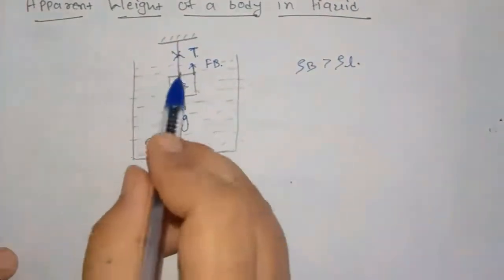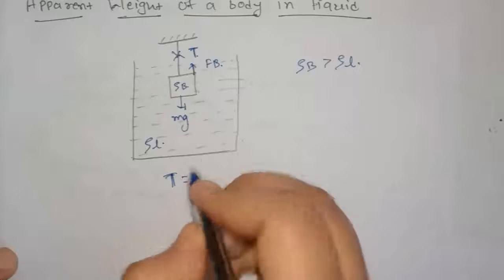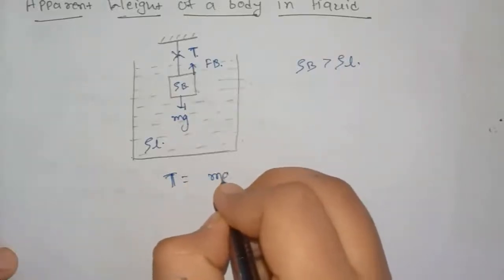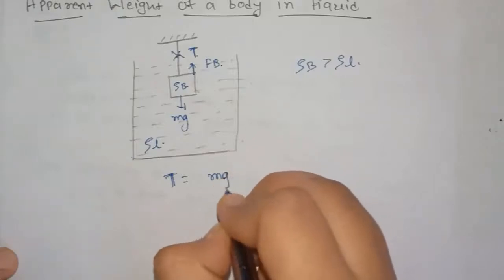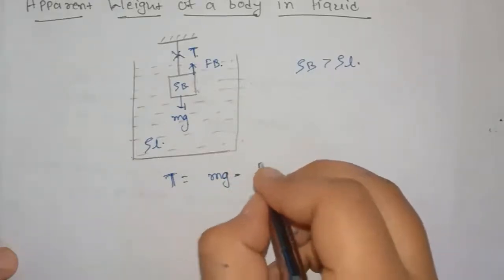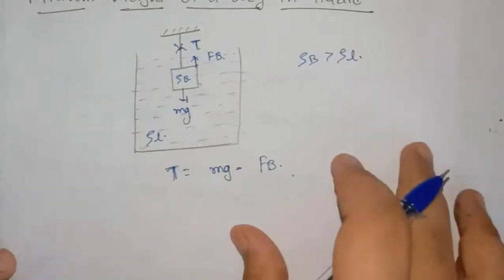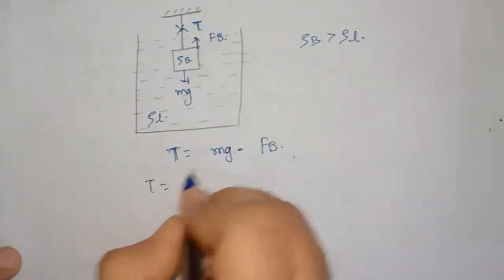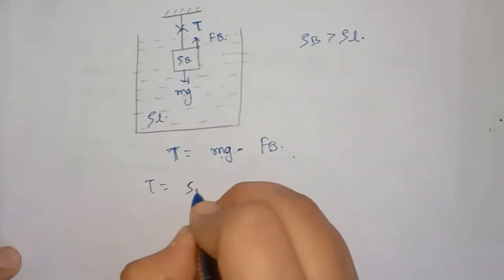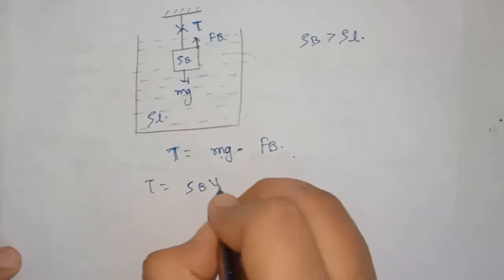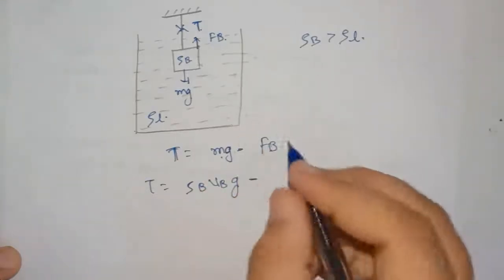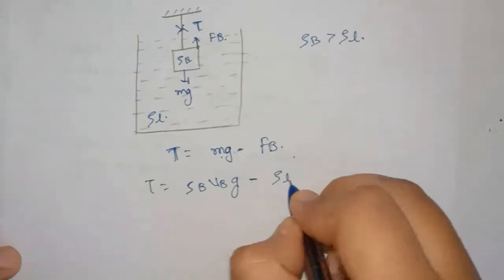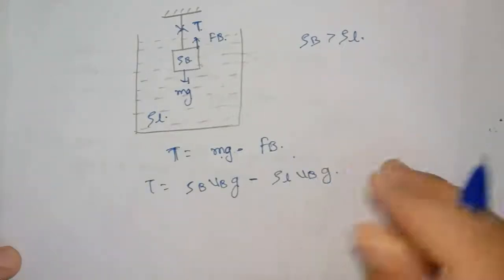The tension force can be written as mg minus the buoyant force. Mg is density of body into volume of body into g, minus buoyant force, which is density of liquid into volume of body into g.